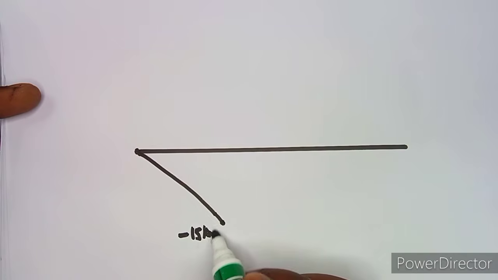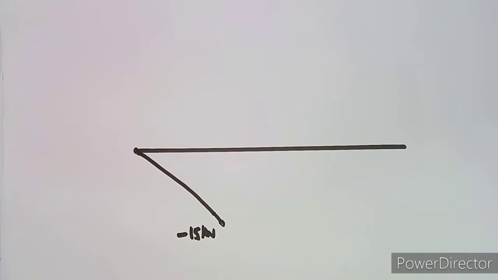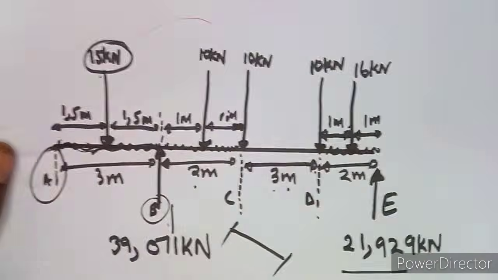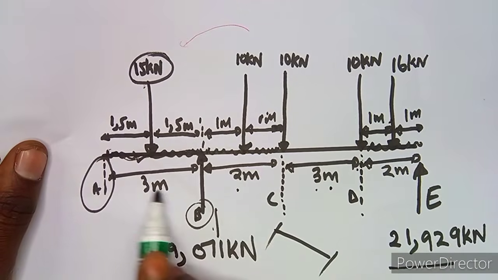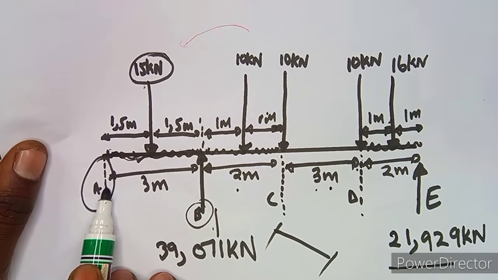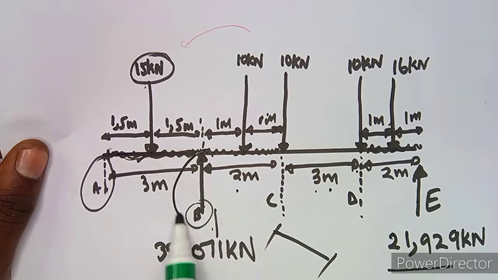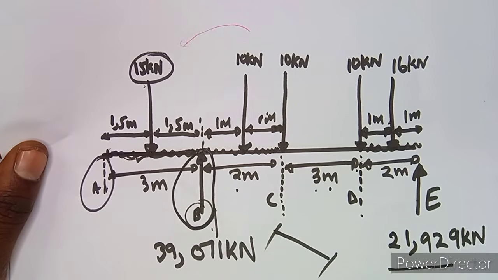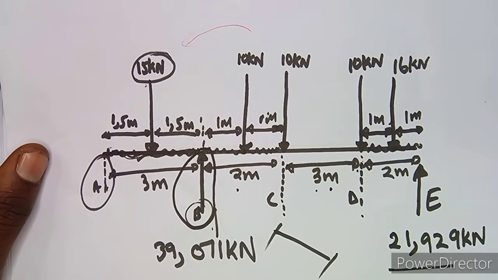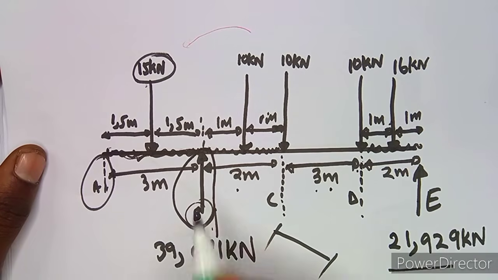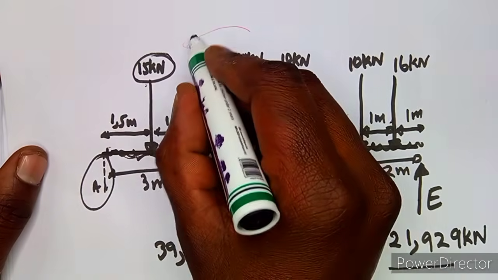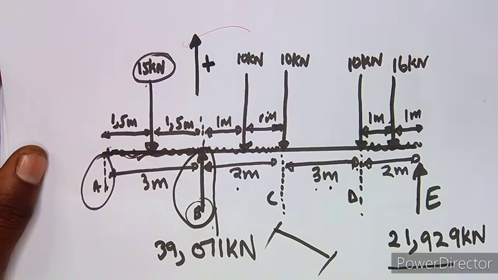Kilonewtons. Then at this point, if you cross-check directly after this distributed load, we are now at B, which is a support going upwards. And we know that when you are going upwards, you add the given force.